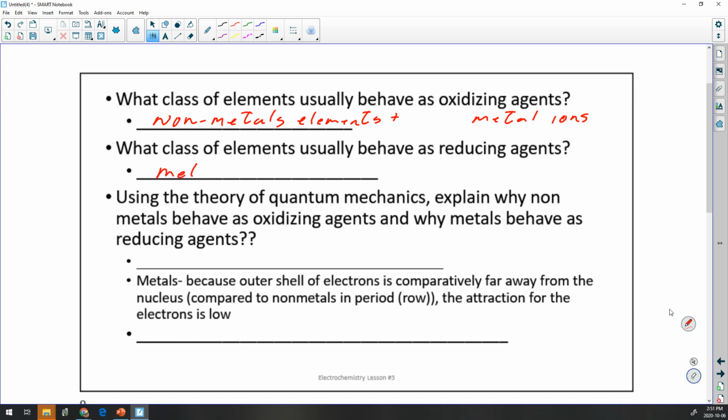These are metal elements and non-metal ions, because metal elements can lose electrons to form their positive ion charges, and the non-metal ions can lose electrons to go back to their elemental forms.